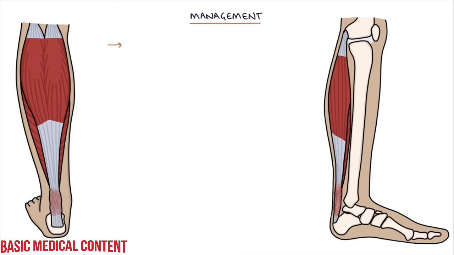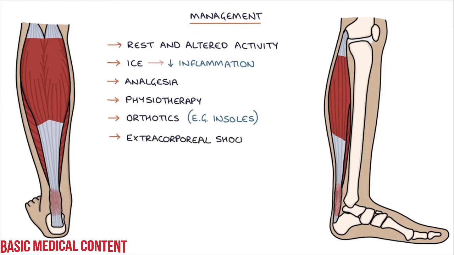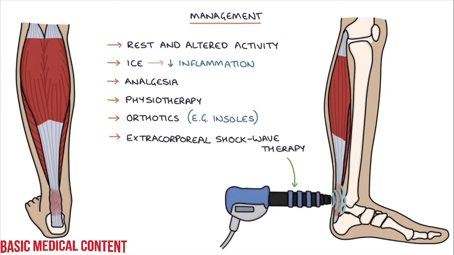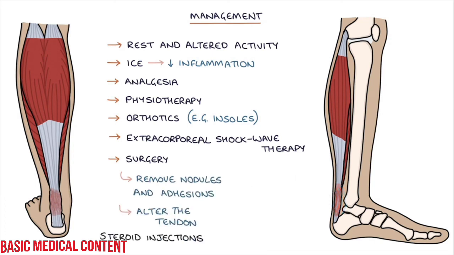The management options are rest and altered activity to allow the tendon to heal, ice to help reduce the inflammation, analgesia to help with the pain, physiotherapy, orthotics may be useful, for example, insoles in the shoes to take pressure off the Achilles, extracorporeal shockwave therapy or ESWT may be helpful, and surgery may be helpful where other treatments fail, and this is used to remove nodules and adhesions or alter the tendon. Steroid injections into the Achilles tendon are avoided due to the risk of tendon rupture.